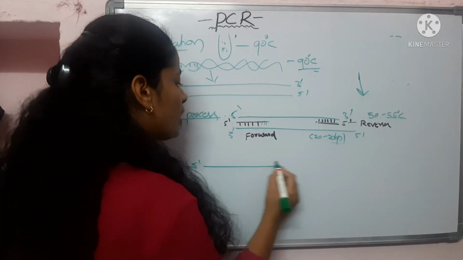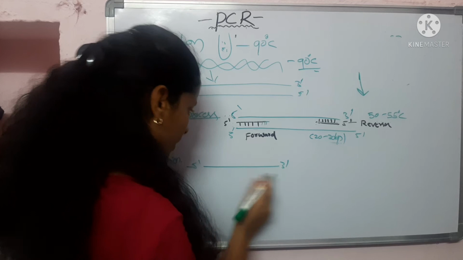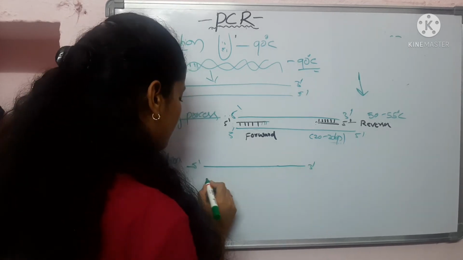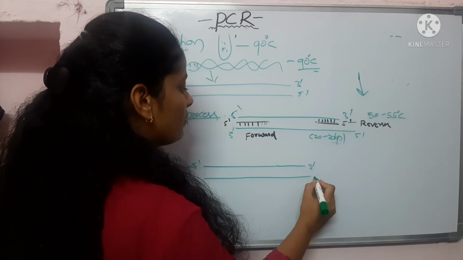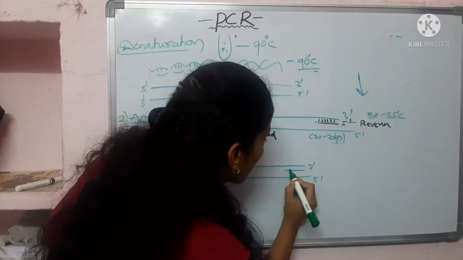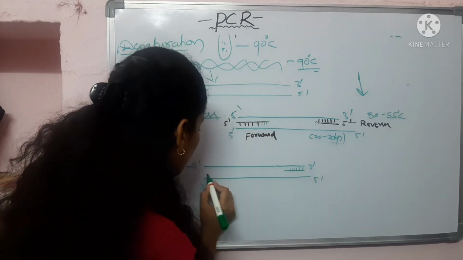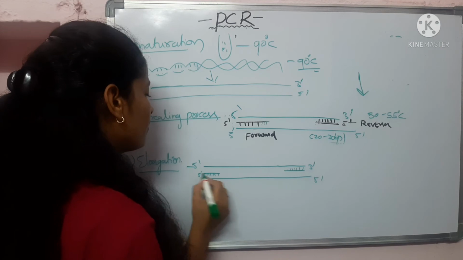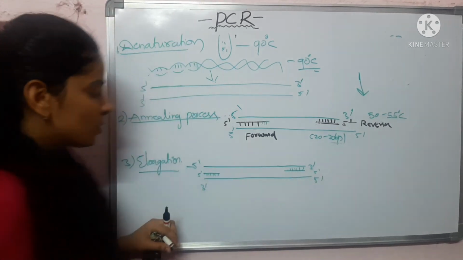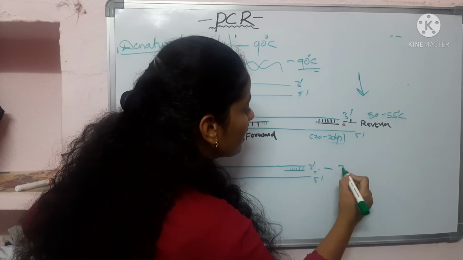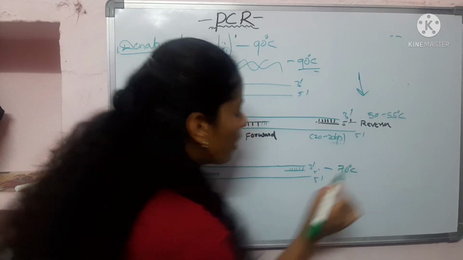The temperature is again increased to 70 degrees centigrade. Here, 5 prime, 3 prime, we have our primer, which was already added in the annealing process.